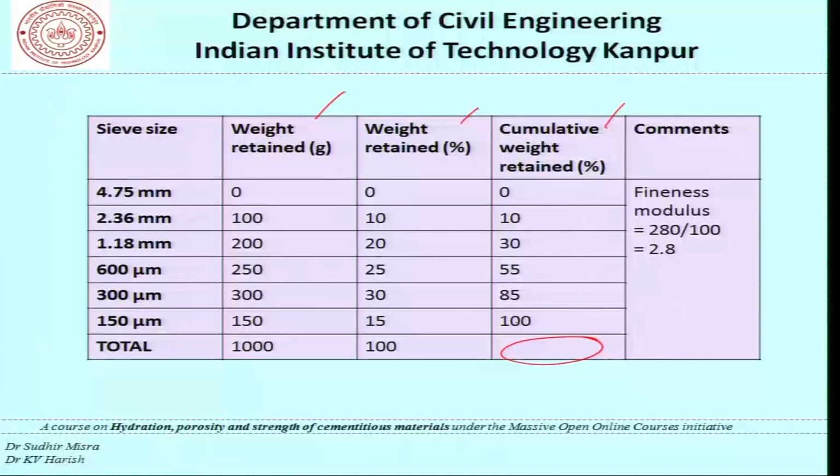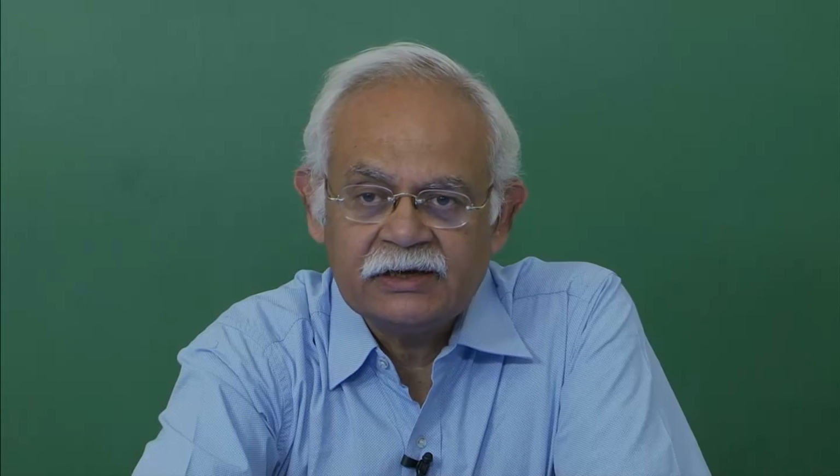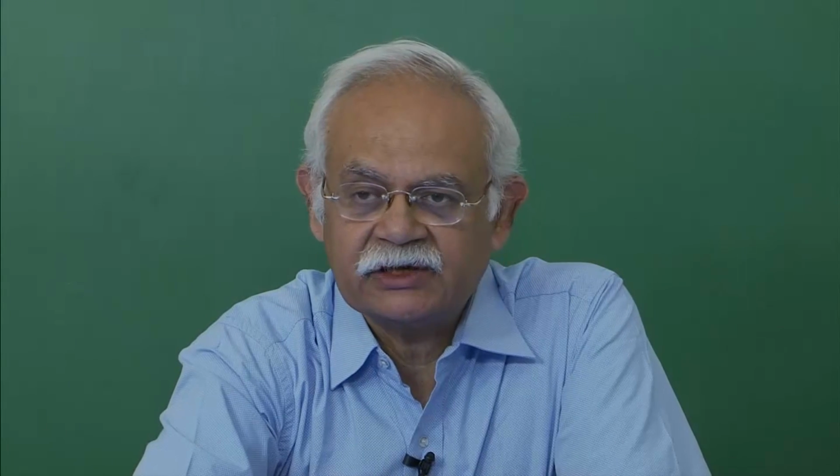What you have to be careful about is to see what sieve sizes are actually to be taken into account when we are calculating the fineness modulus, and this calculation can be done not only for the fine aggregates, but also for coarse aggregates. The only thing we have to be careful about is the sieve sizes, or the set of sieve sizes, that we use to calculate the fineness modulus.